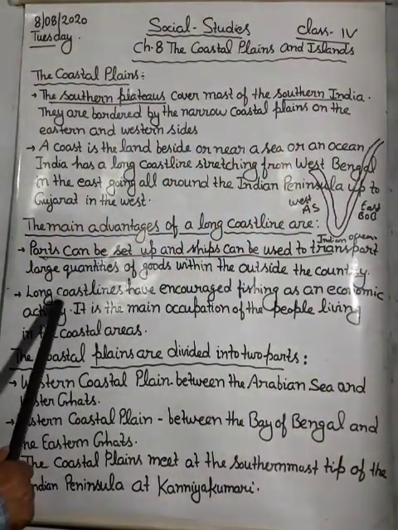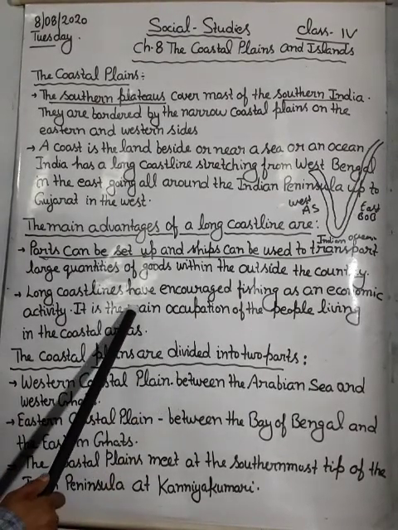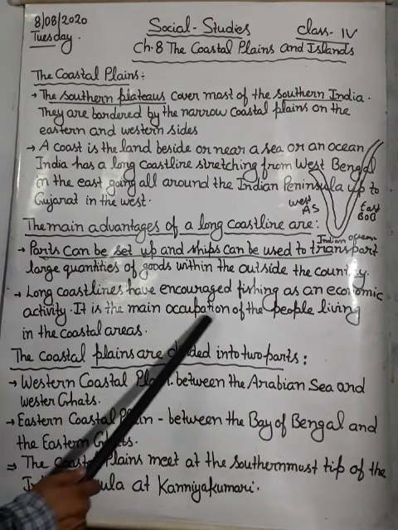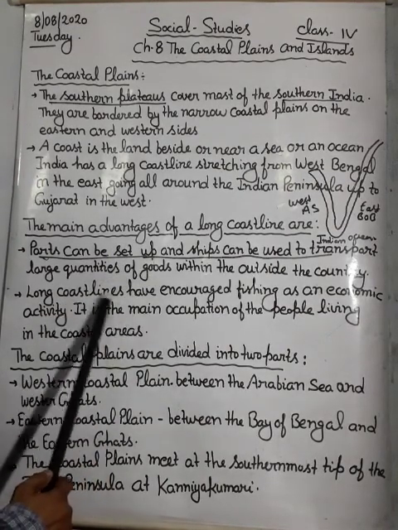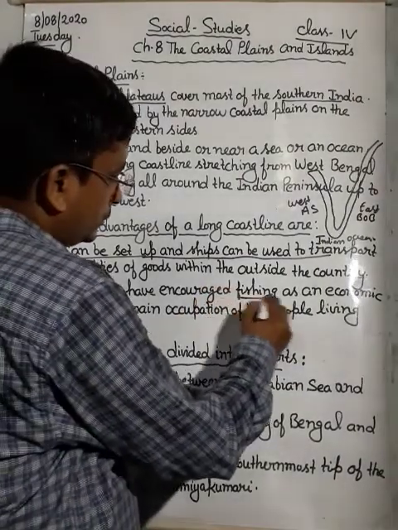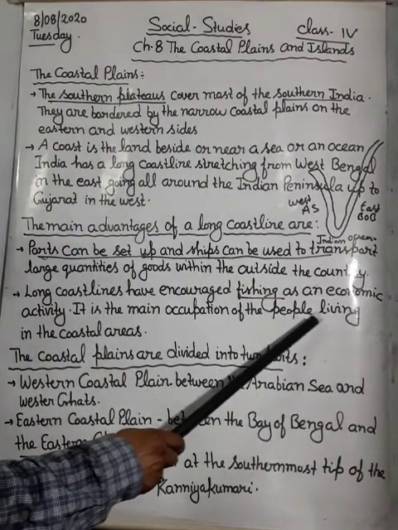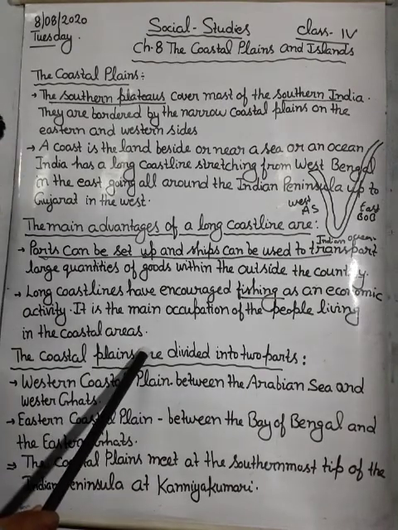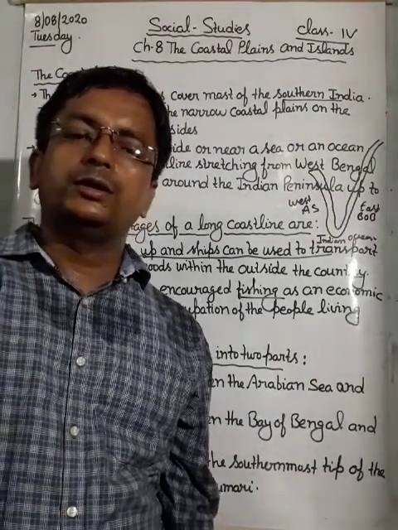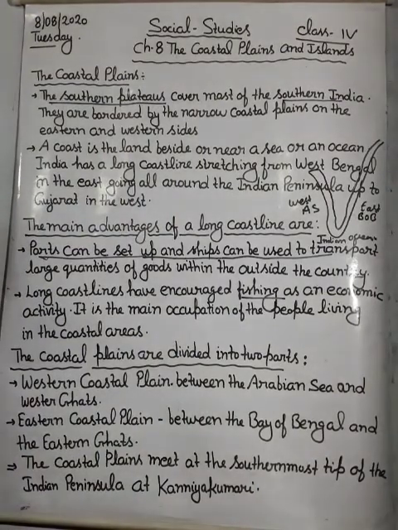So in this area, the main economic activity is called fishing. It is the main occupation of the people living in the coastal area. If anybody asks you what the main occupation of people living in the coastal area is, the answer will be fishing.